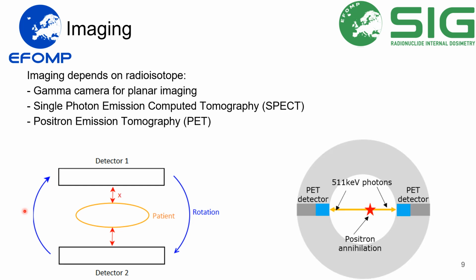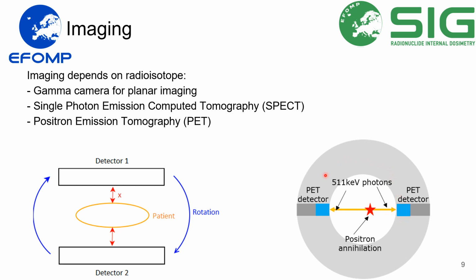Another imaging device very common in nuclear medicine is the positron emission tomography scanner, PET scanner. Here, if we have a location where the positron emitted by the radionuclide in the patient's body recombines with an electron, so it annihilates, it emits the 511 keV annihilation radiation, which is then detected by the PET detectors oppositely.